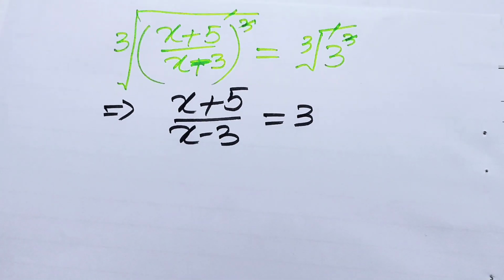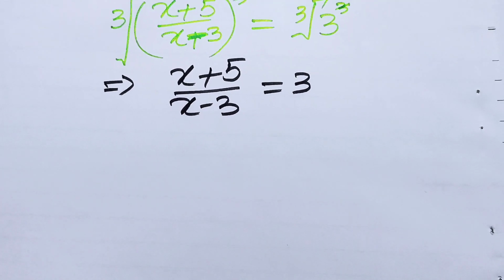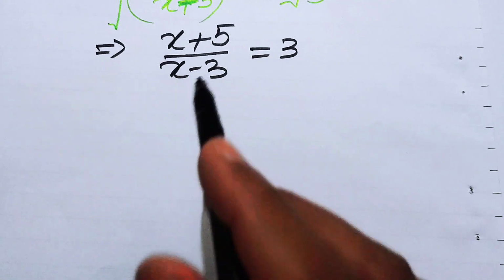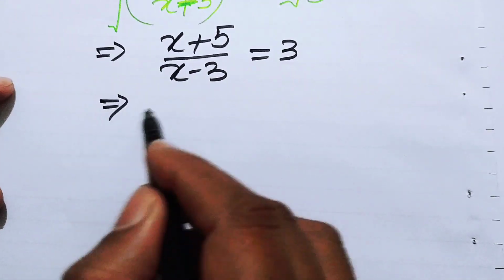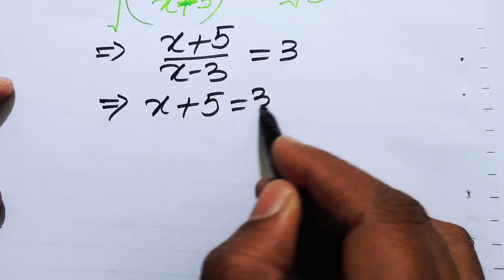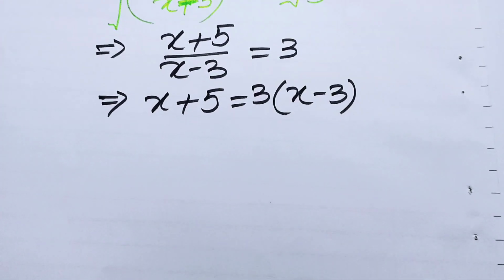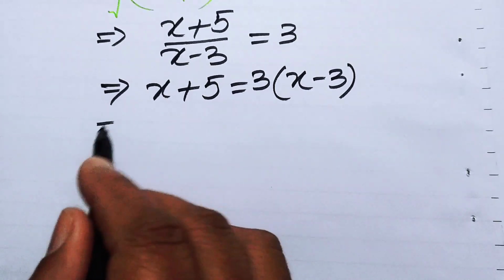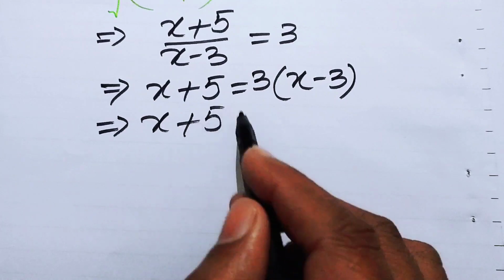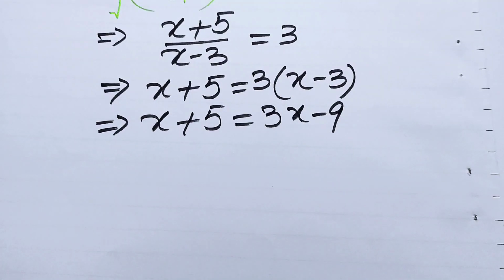Remember that our target is to find the value of x. So we move x−3 to the right-hand side and get x+5 equals 3 times (x−3). Multiplying the 3 on both terms, we get x+5 equals 3x−9.